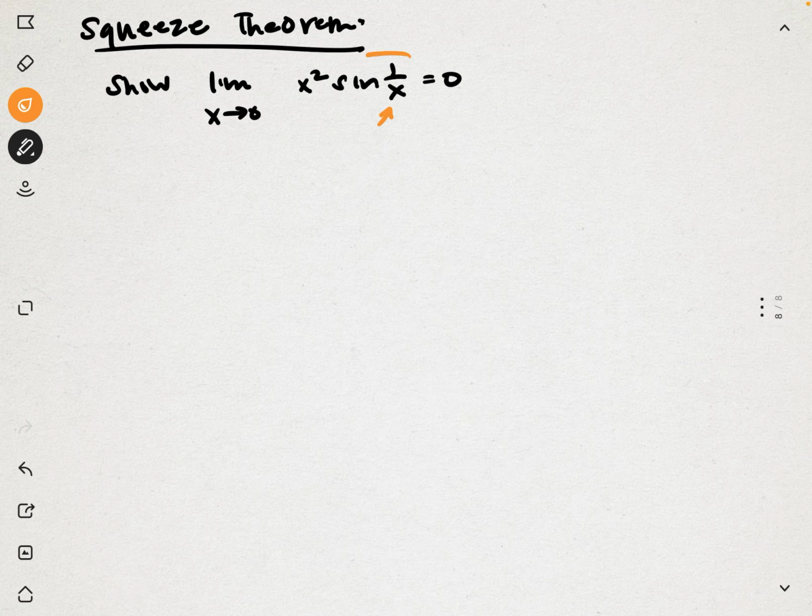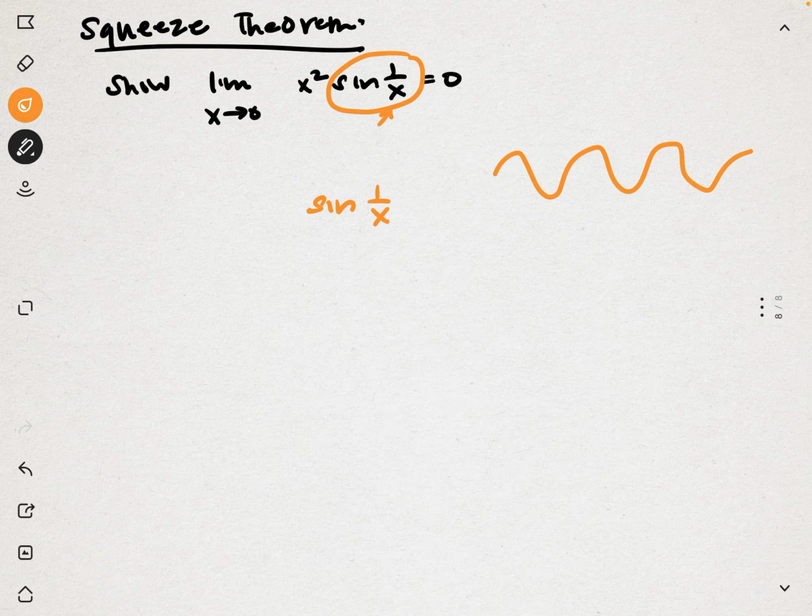We're focusing first on just this part here, the sine of any number. We don't even care about the 1 over x. What we know about the sine of anything, we know sine is a continuous function. It looks like that, right?